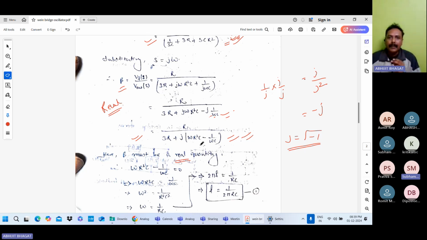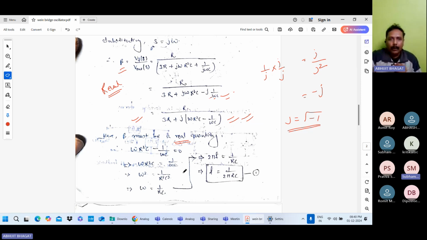So for beta real, whatever is multiplied with j will be 0. Hence this omega R square C minus 1 by omega C is equal to 0, since the beta value is real. If this part is 0, then bringing it to the right side, 1 by omega C goes to the other side. So from this you are getting omega equal to 1 by RC.